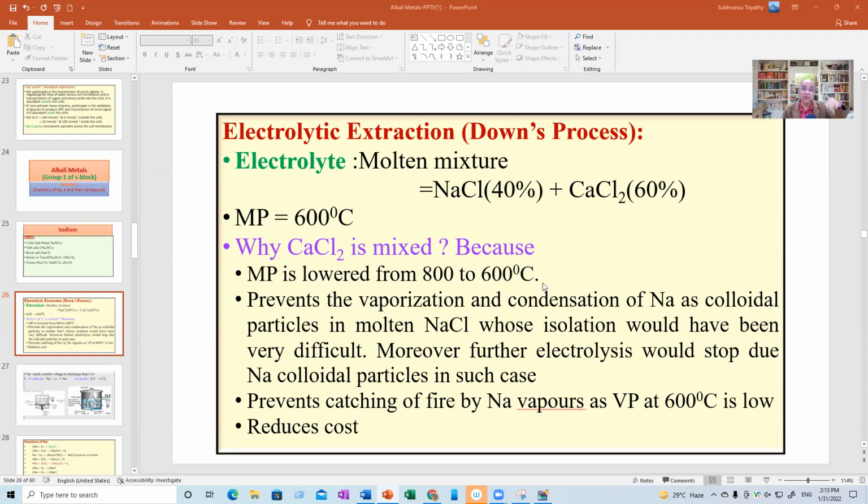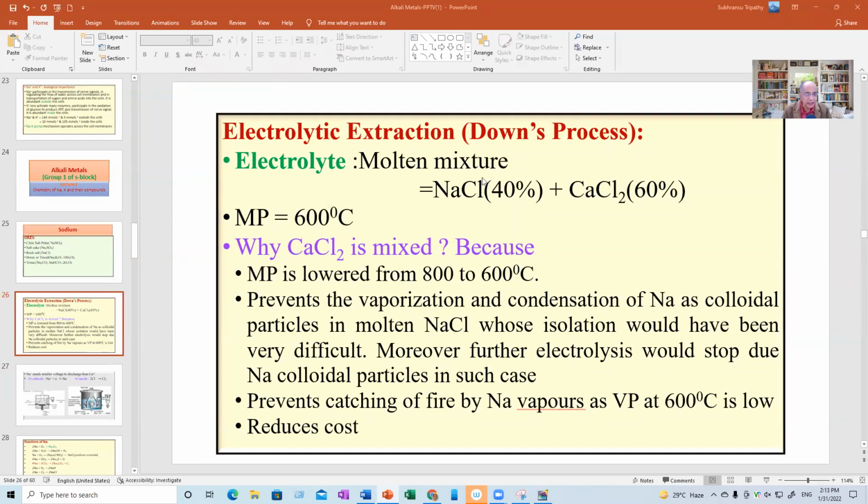To use an elevated temperature condition to bypass the standard state and make the chemical reduction happen, you will have a penny-wise, pound-foolish type of situation. So nobody does chemical reduction. The electrolytic method is the best choice.